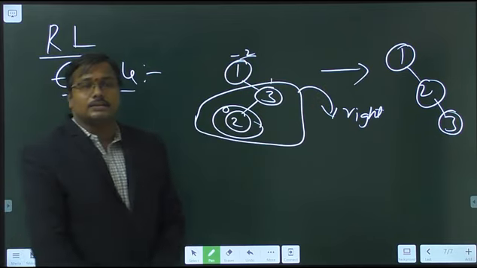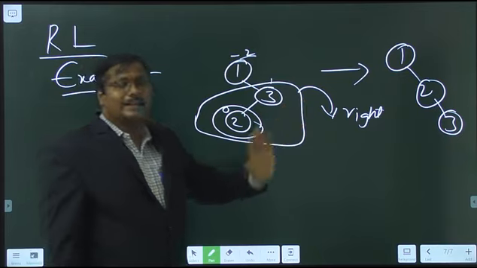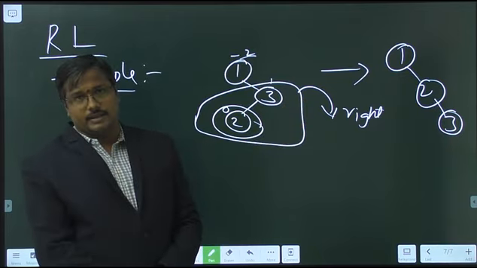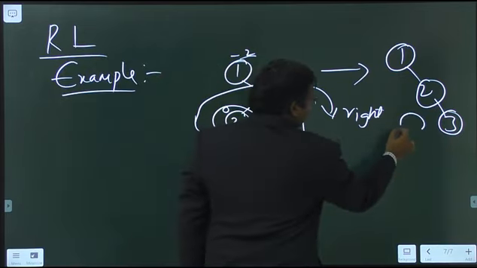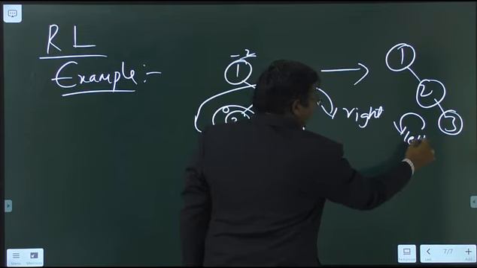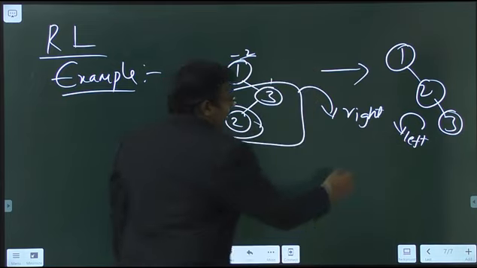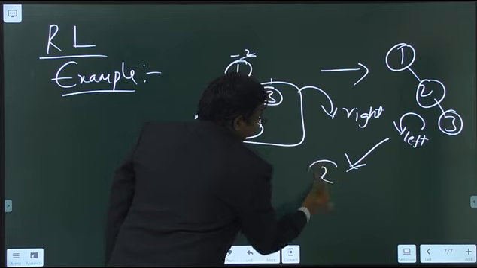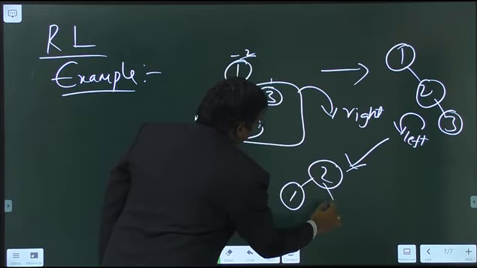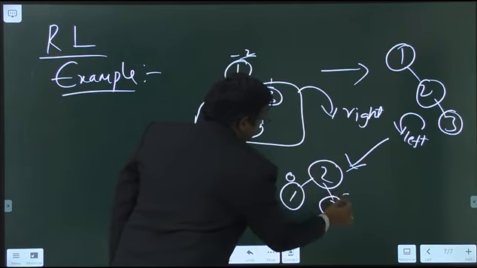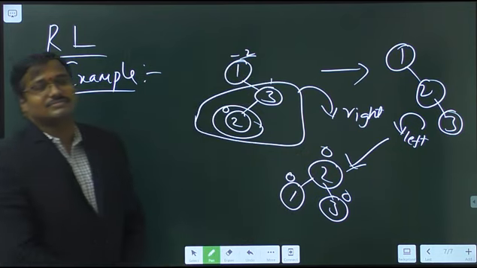The resultant tree is like this. You have already seen that kind of case. That is RR case. So how to balance this one? We need to rotate in the left direction. The resultant tree is 2, 1, 3, with balance factor 0, 0, 0.